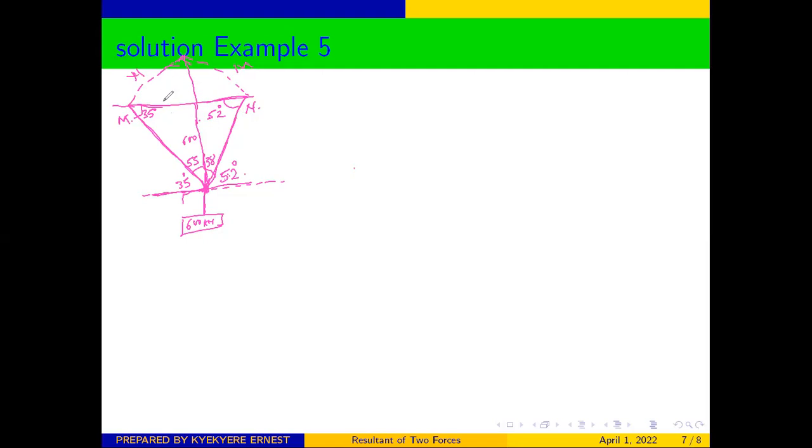So now let's pick one side of the triangle to do our analysis. We pick our resultant like that, and this side is N and this side is M. The angle between the resultant and M, so this will be P, this will be MP, and this side will be NP.